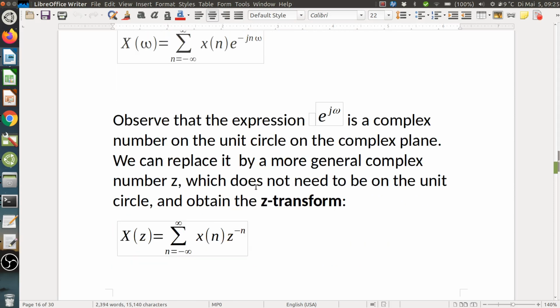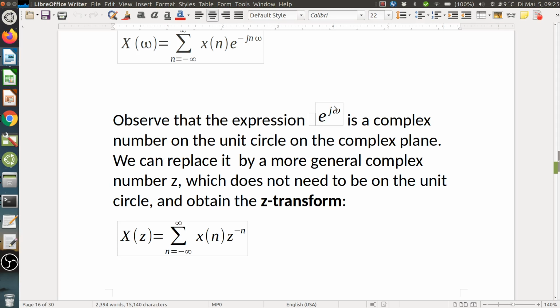Yeah, so here we can see that the expression e to the j omega is a complex number on the unit circle on the complex plane. Right? Magnitude of e to the j omega is always 1, and omega is then the angle between the real axis and the pointer to this complex number.